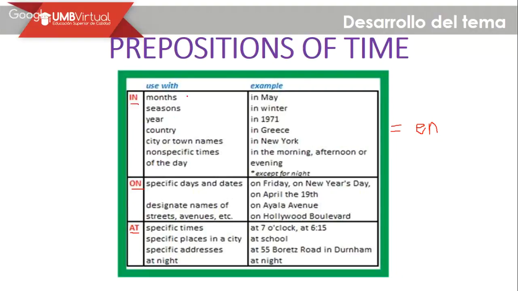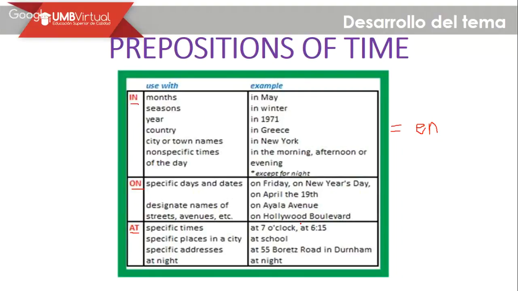We use in to talk about months, for example, in May, in June, in December. We also use it for seasons, like in winter, and for years, when we have the number of the year, in 2012, in a country or for cities, and for specific moments of the day, for example, morning, afternoon, but we don't include night.